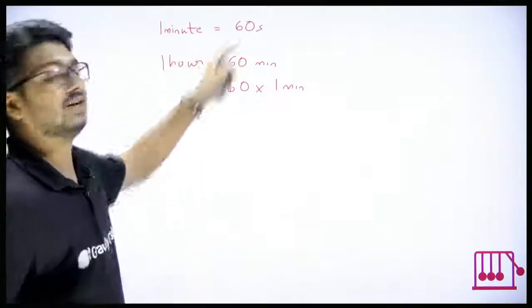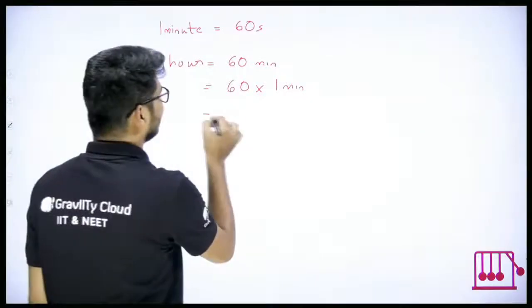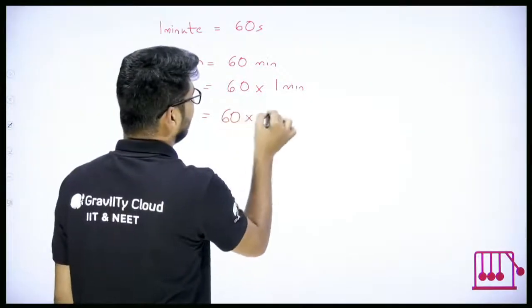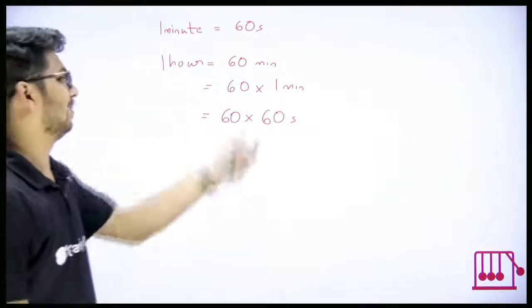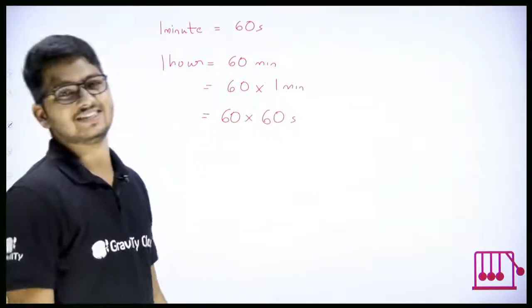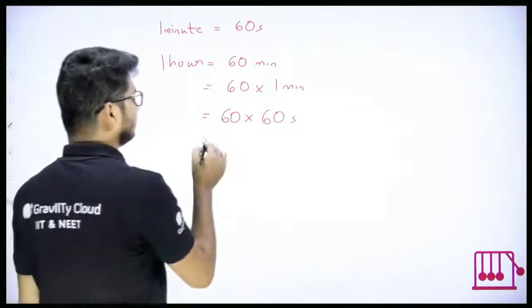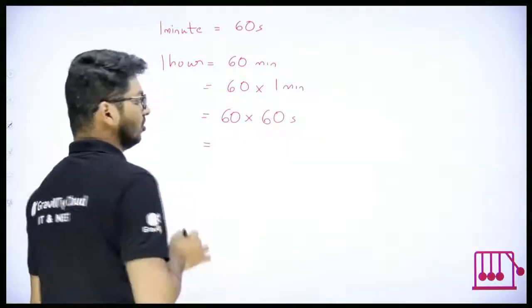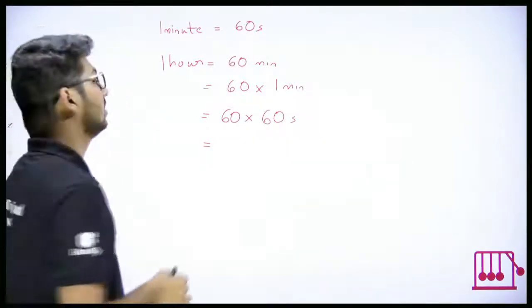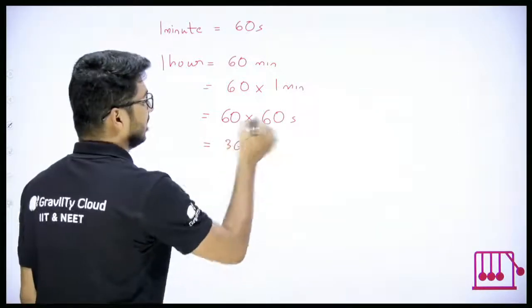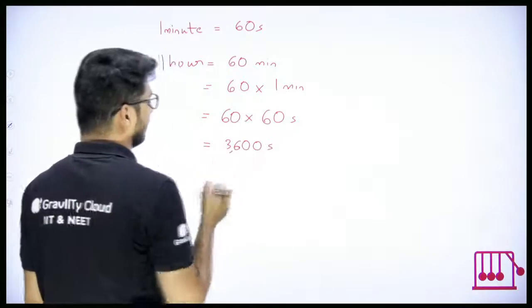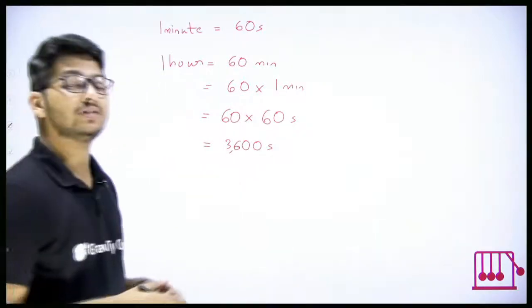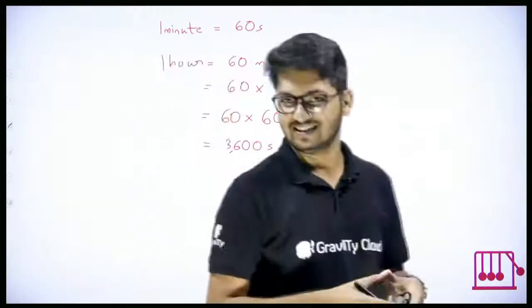And how much is 1 minute equal to? 60 seconds. So 60 into 60 seconds. 60 into 60 is how much? 6 into 6 is 36, and you have 2 zeros. That means it is 3600 seconds.